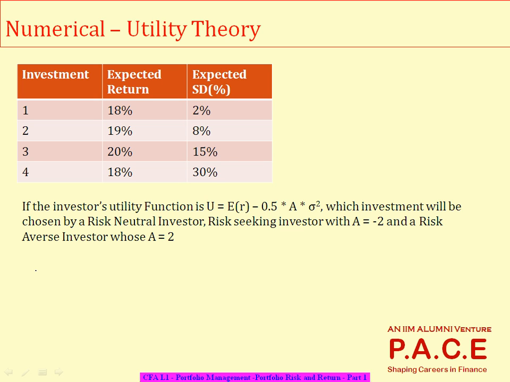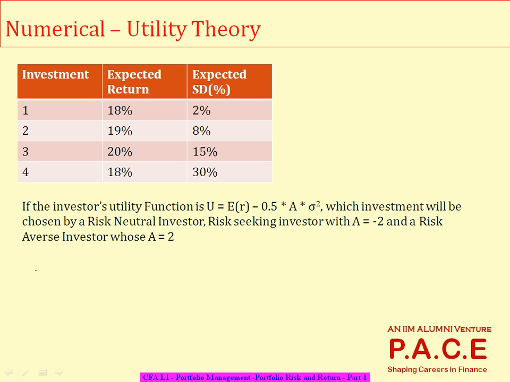My utility depends on the expected return as well as the variance of the returns. And A is a constant which suggests whether I am risk neutral, risk taking or risk averse.